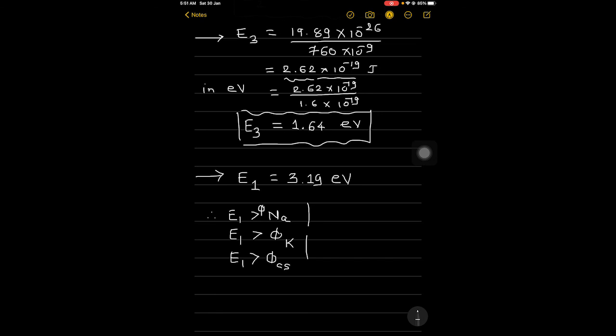So this color will operate for these three materials.